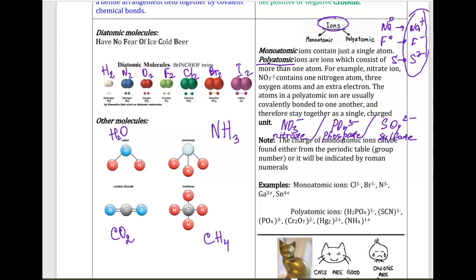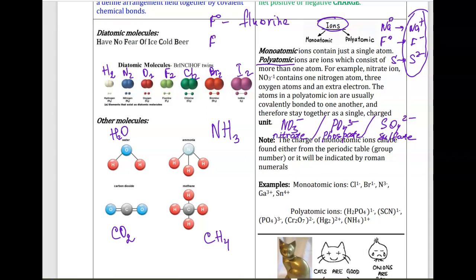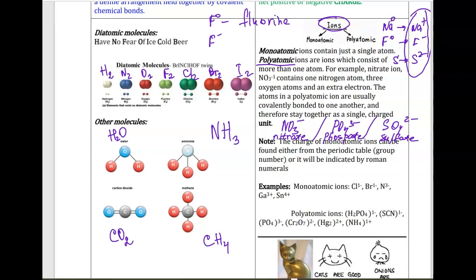Okay, and you already know that when you need to name a monoatomic anion, you need to change its ending, like fluorine, let's say fluorine when it's an atom, but when it's negatively charged, it will be fluoride.